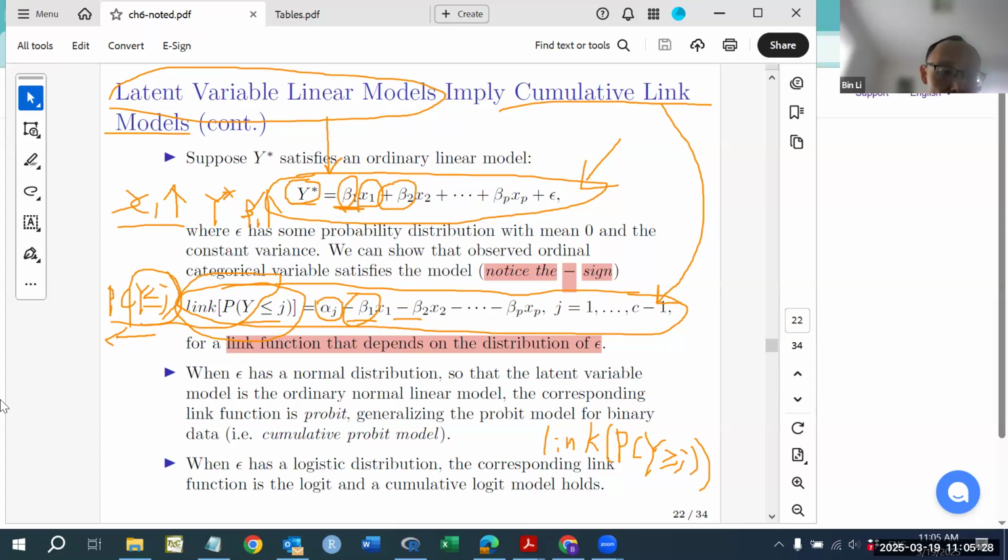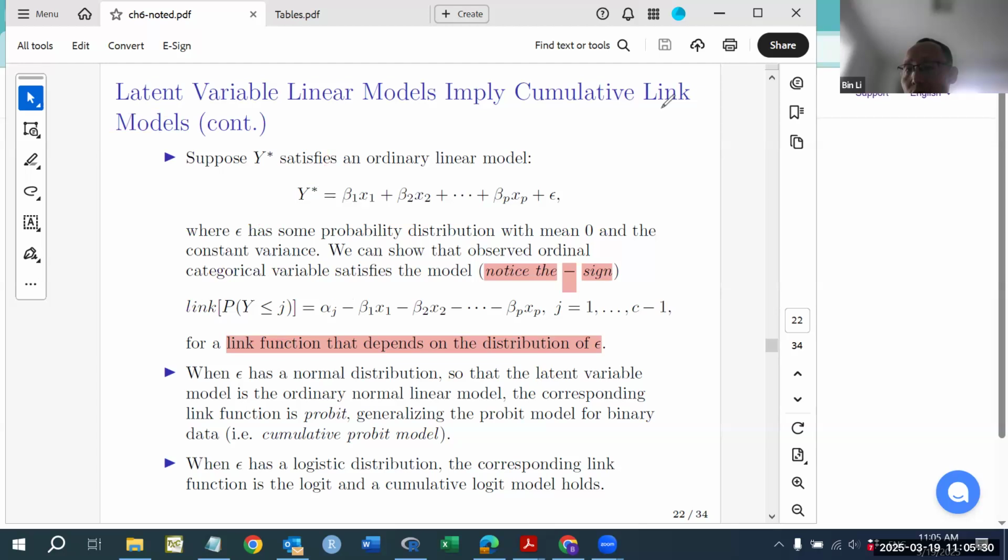Now let's go back to why it's called a cumulative link. If the link we use is the probit link, remember the probit model? The probit model models the z-score using a linear function.